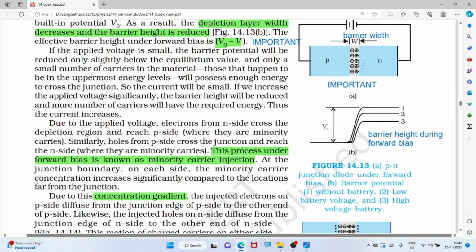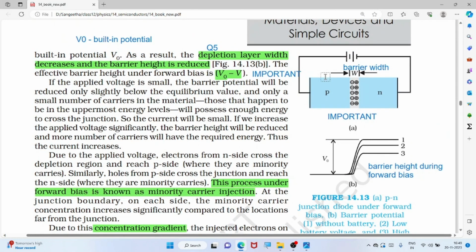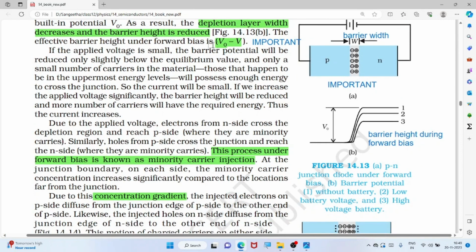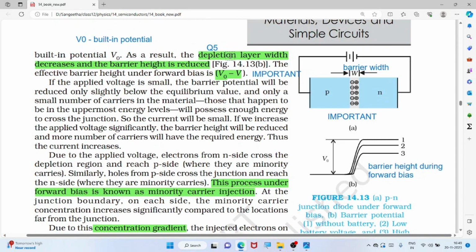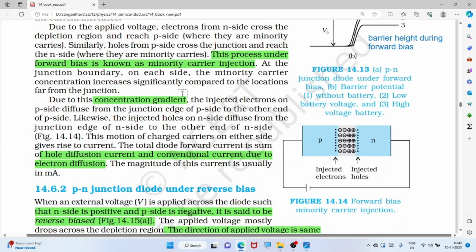So the width becomes less when you connect the external battery. That is important here: the barrier width, the depletion layer width, is reduced during forward bias, when you connect the positive terminal of the battery to the p type and the negative terminal to the n side.